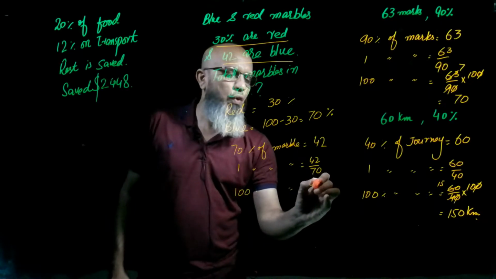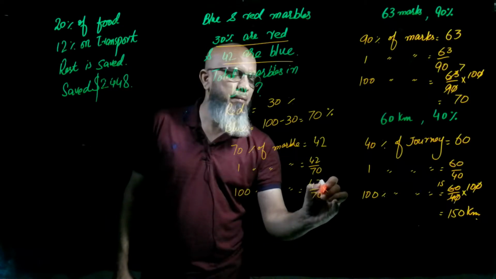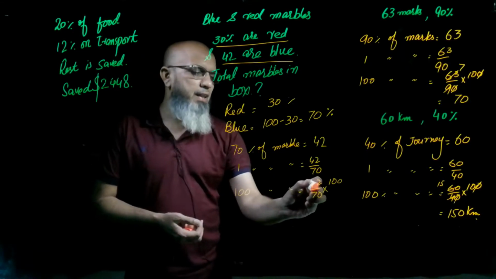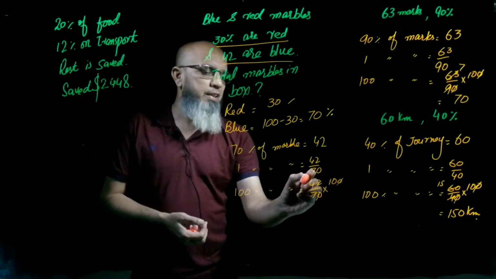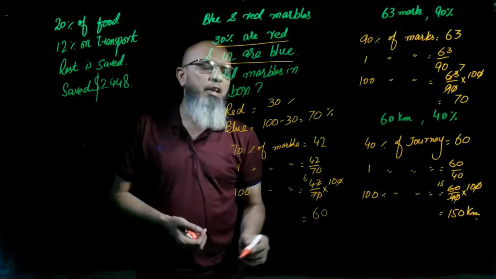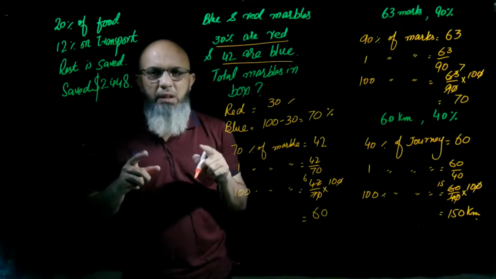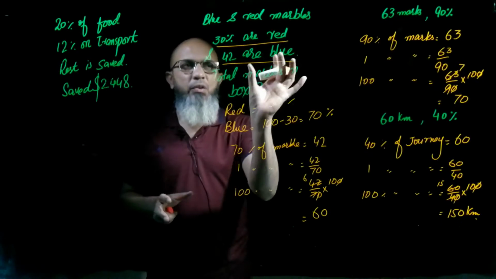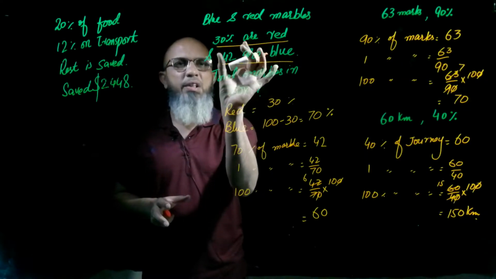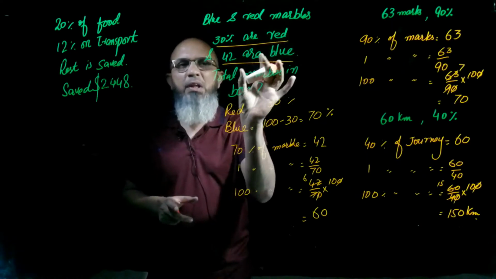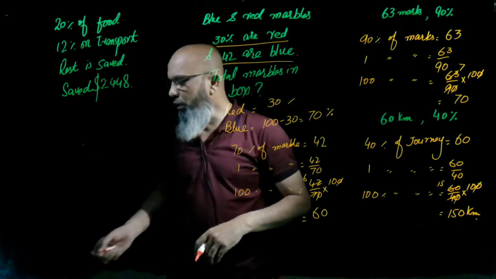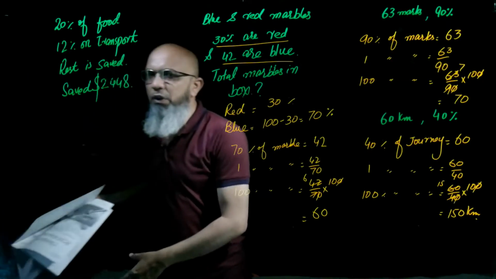That is 42 over 70 multiplied by 100. Now you can simplify very easily. 10 6s are 60. So the total marbles in the container is 60, right? You have to think a little bit before going into the question. That is 30% of red marbles and the quantity is given of blue marbles. So I hope you understand. Come to one more question, that is also from your textbook.